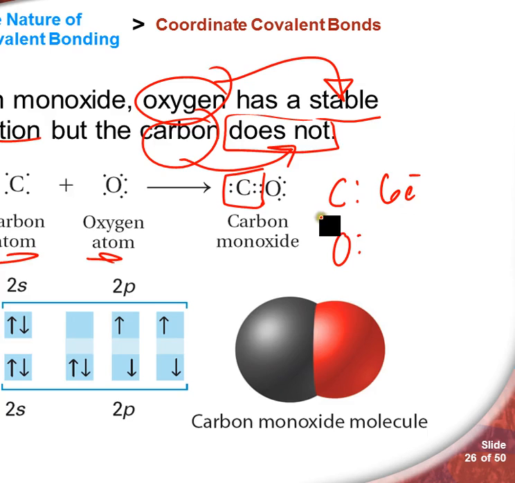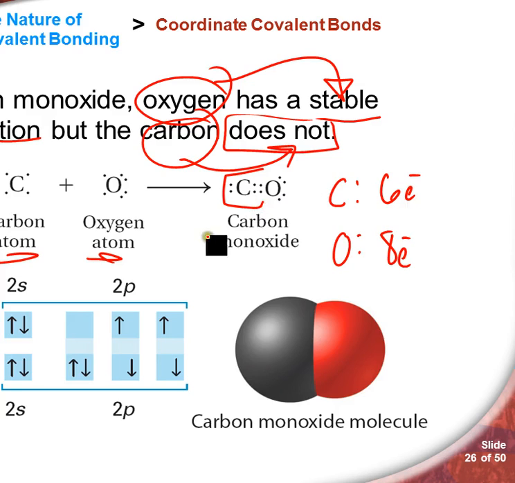Next statement. How many electrons does oxygen think it has? 8. As an octet, so therefore it's more stable. So that's what it means by stable.